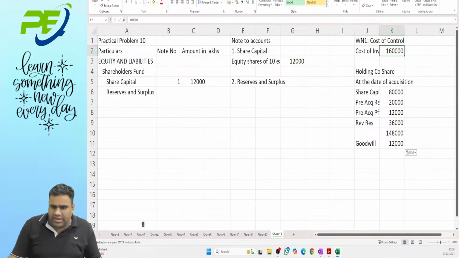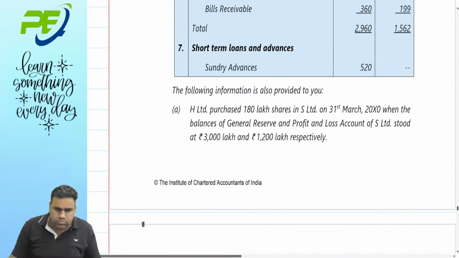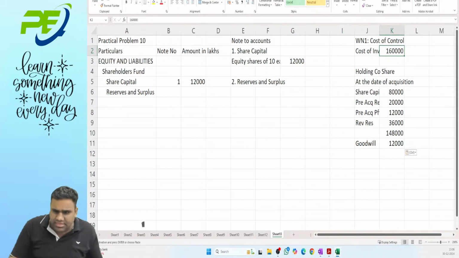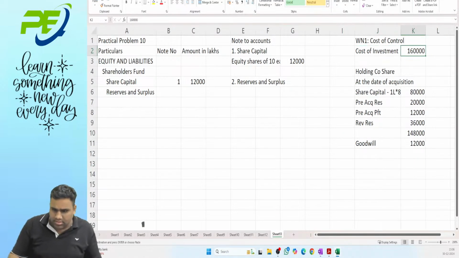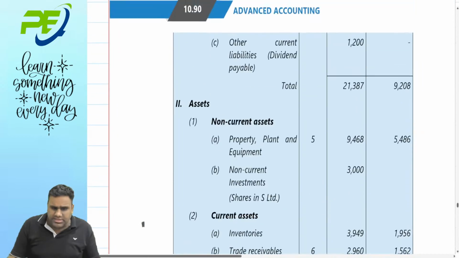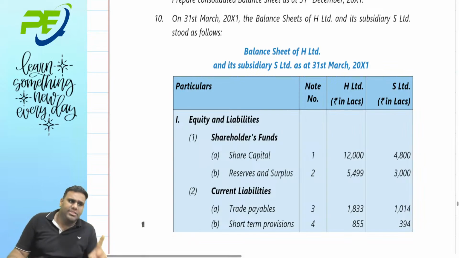So, cost of investment. It's not given here. Shares in S Limited, it is 3,000. Now, holding company share at the date of acquisition. What was the share capital? 4,800. Is this before bonus or after bonus?